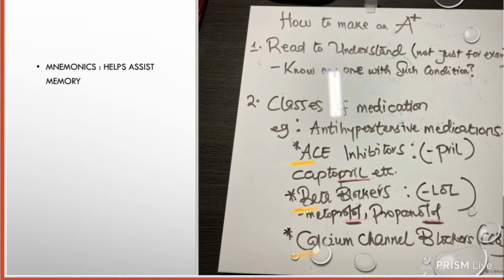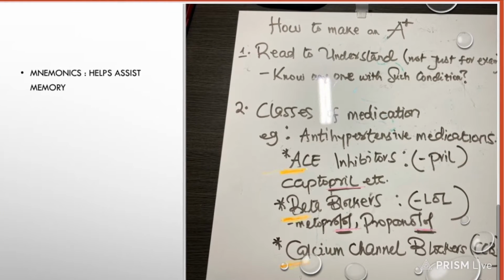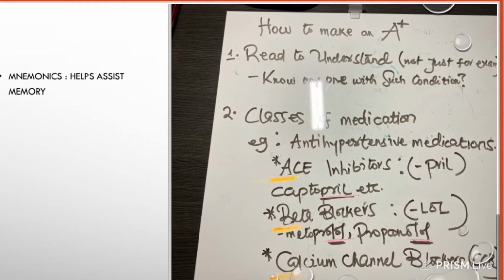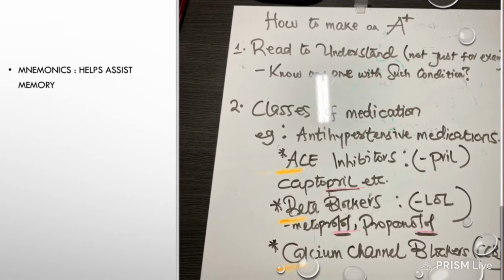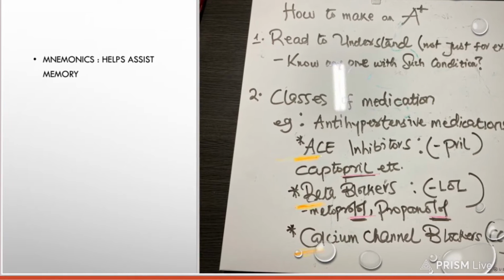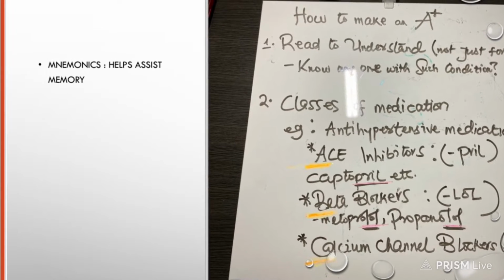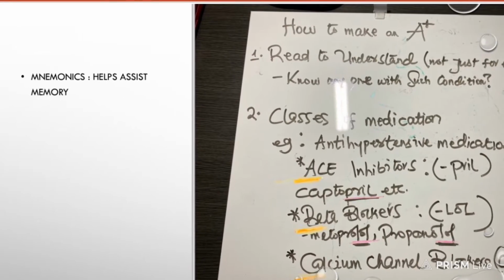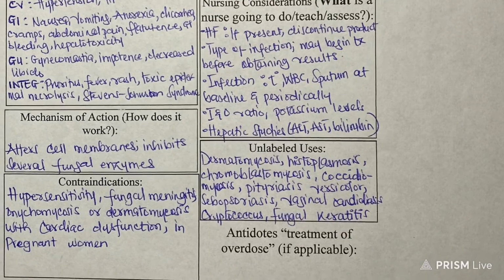So you can see A, B, C. Immediately you think about antihypertensive medications, you can just think about A, B, C. Then you know the classes: A stands for ACE inhibitor, B stands for beta blockers, C stands for calcium channel blockers. That's something that could also help you. So aside from trying to buy these mnemonics from other sites, you can also try and create yours in order to save some money.